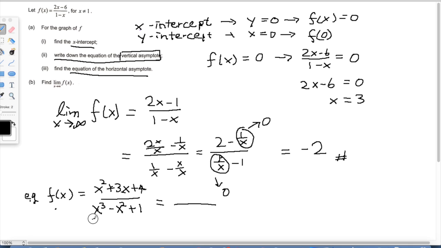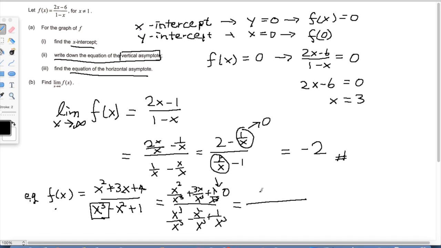The reason is this is the highest power. We can further simplify and get (1 over x plus 3 over x squared plus 4 over x cubed) over (1 minus 1 over x plus 1 over x cubed). As we can see here, the terms all go to 0. So the limit is 0.